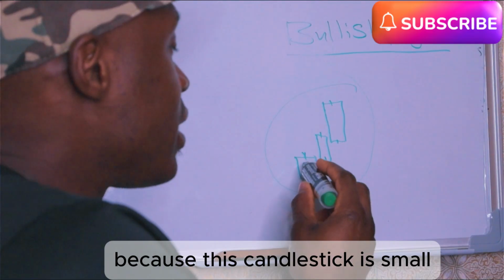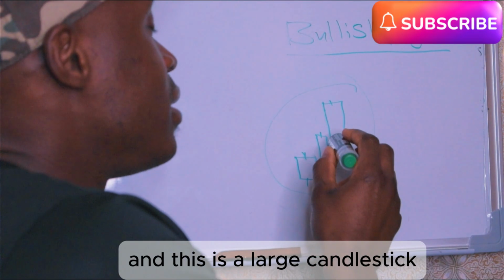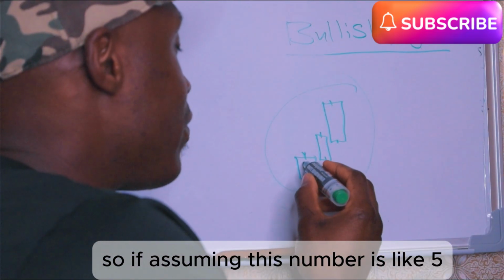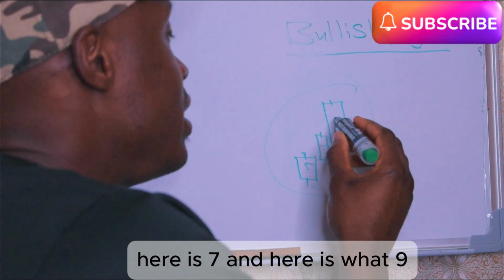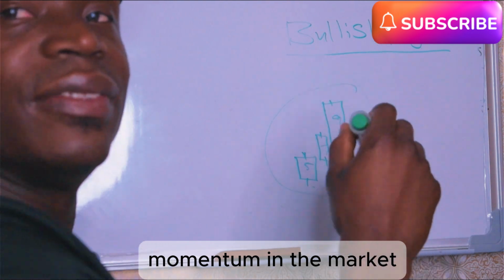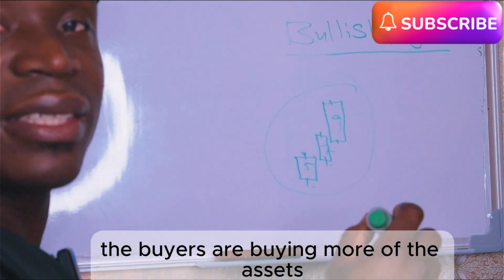This candlestick is small, this one is medium, and this is a large candlestick. Assuming this number is 5, here is 7, and here is 9, the candlestick is gaining momentum in the market. The buyers are buying more of the asset.